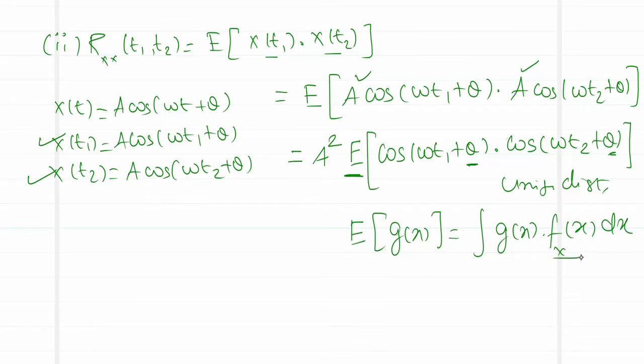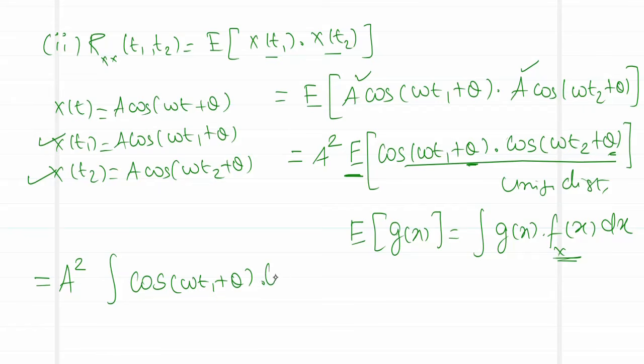What is this f_X of x? It is the marginal density function. So now I have A square integral. What is the input which we have in place of g of x? This is my entire g of x, so I write it as cos(omega t1 plus theta) cos(omega t2 plus theta). So g of theta has been obtained. What does this have to be multiplied with? f of x, or f of theta.